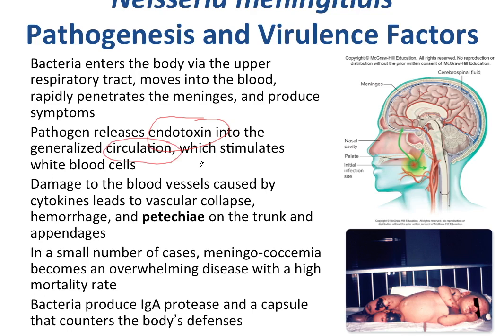It can damage the blood vessels and release cytokines to cause vascular collapse and hemorrhage. Petechia means a hemorrhagic skin rash on the trunk and limbs.